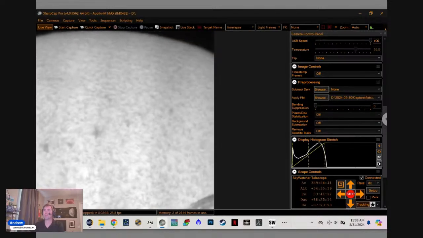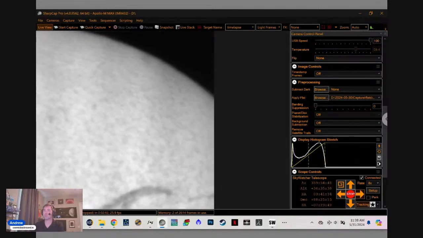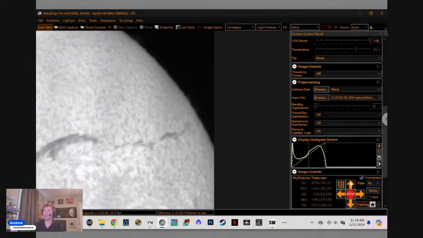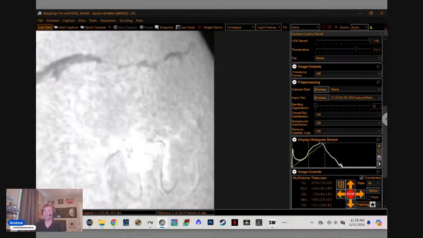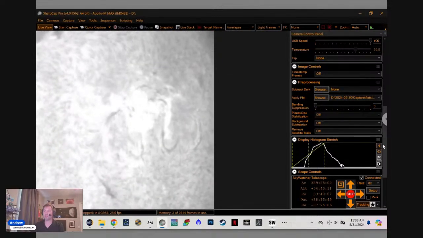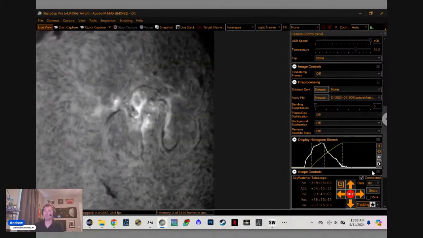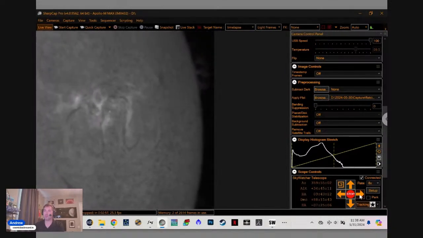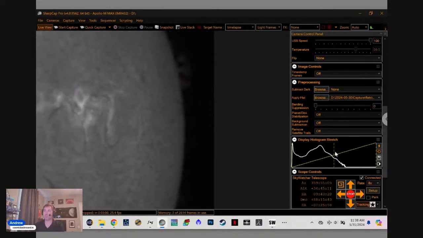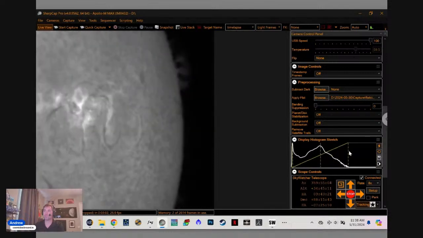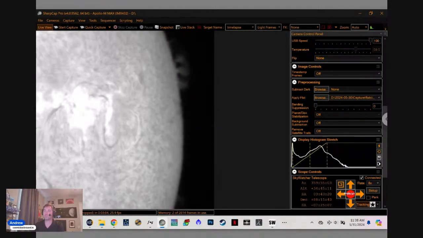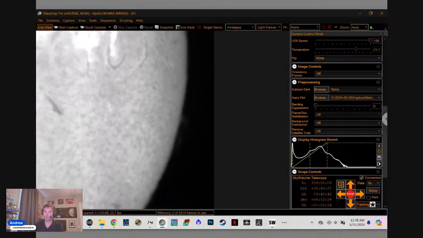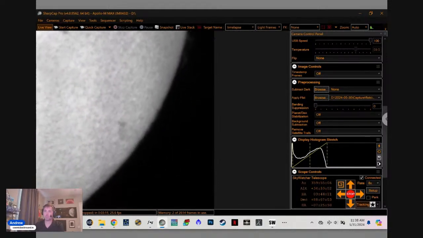It looks like nothing else is going on. I think the most interesting thing is definitely the sunspot I was looking at. Look how bright that thing is. And it's probably going to flare at some point. Just unfortunate that it doesn't happen while I'm live streaming. I don't think I looked at this limb yet. Let's see if there's anything happening on this limb. Oh, other way. Yeah, we got some more prominences.